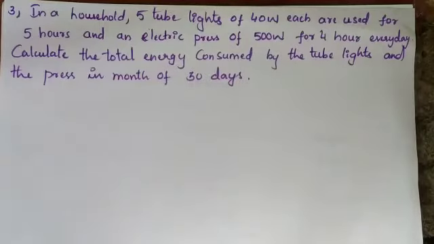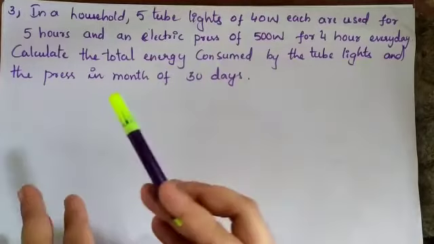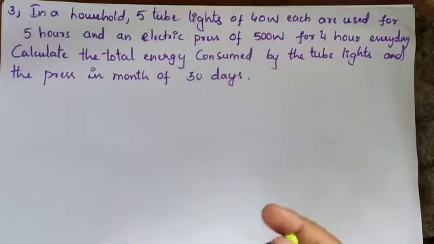Here two different kinds are there: first the tube lights, and another one is the electric press. You have to find separately the energy consumed by the tube lights and by the press. Then if you add that, you will get the total energy consumed. After that, for 1 day, once you have found the total energy, you have to convert it into 30 days. So this is one type of problem you will get.